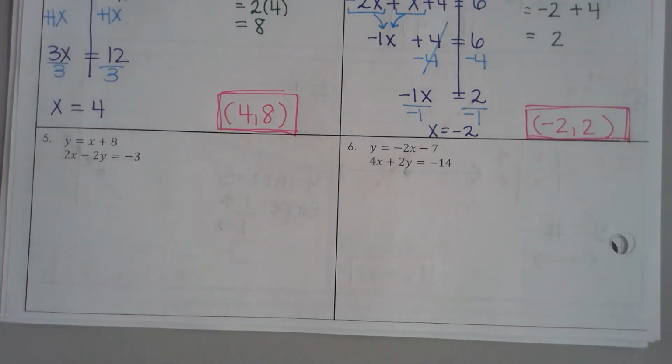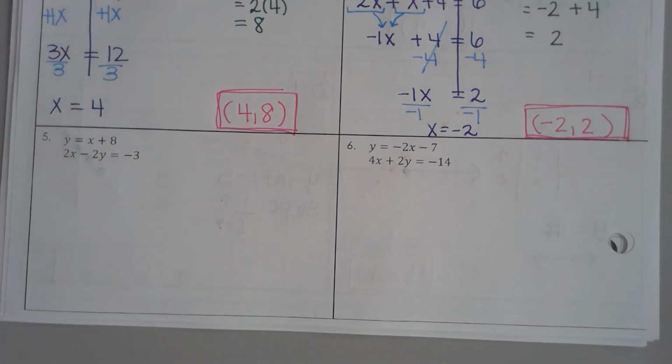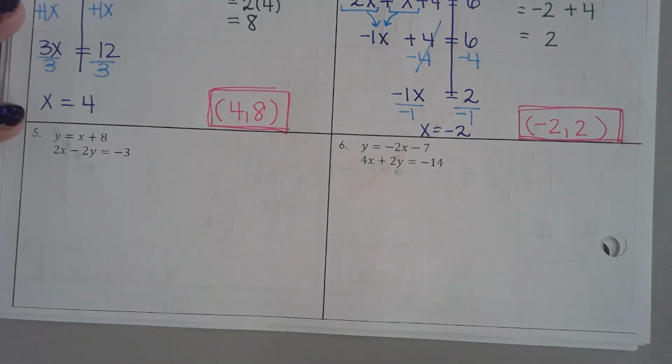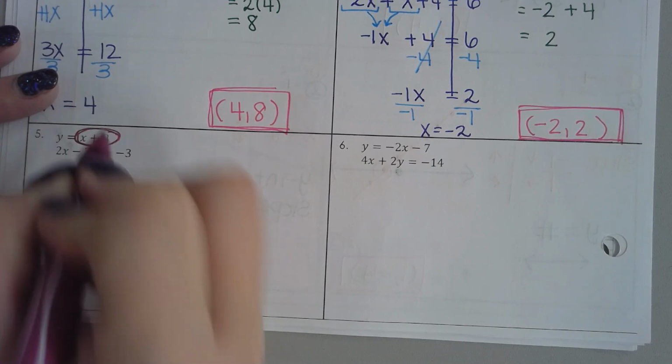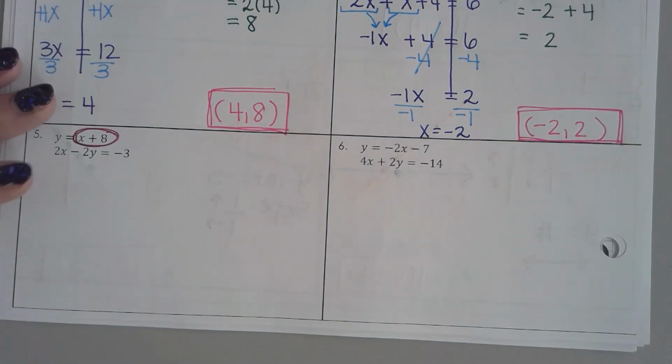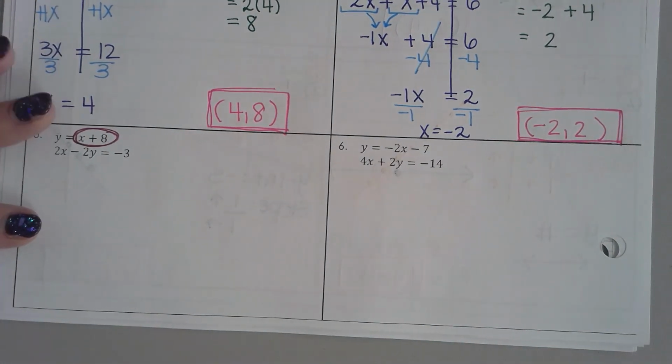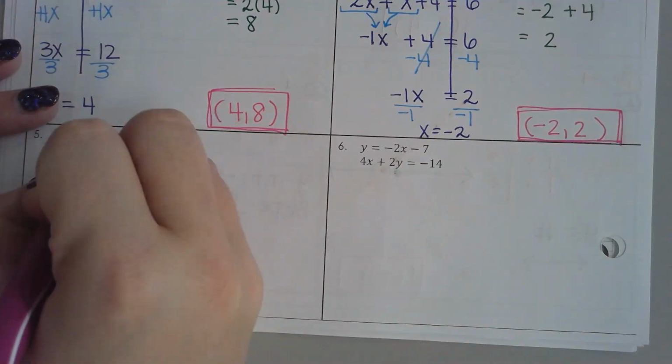Any questions so far? Let's try number 5. So y equals x plus 8. I'm going to circle that x plus 8, and it's going into the y, specifically the y in the next equation.